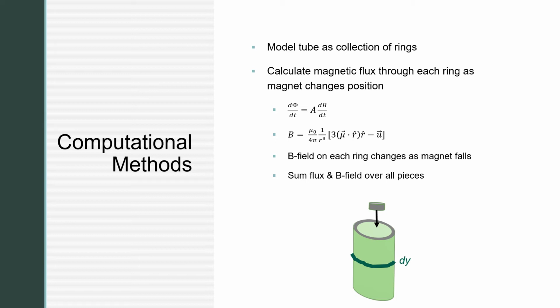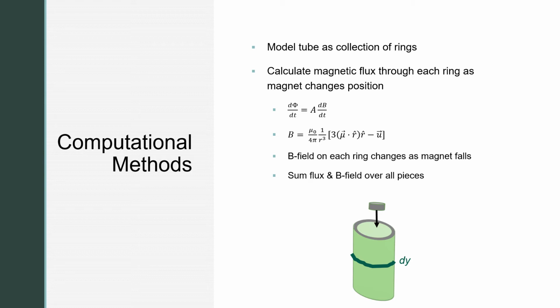Next, we modeled the same situation in GlowScript. We had the tube modeled as a collection of tiny rings, dy, and the code calculated the magnetic flux through each of these rings as the magnet changed position. So, change in flux equals area of the ring times the change in the magnetic field, and then we use this long formula for the magnetic field from Lab 3.